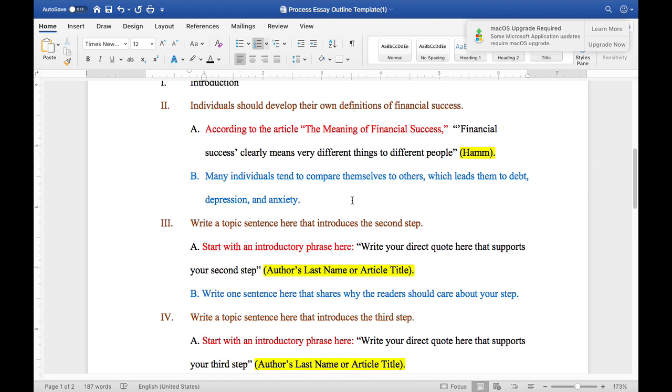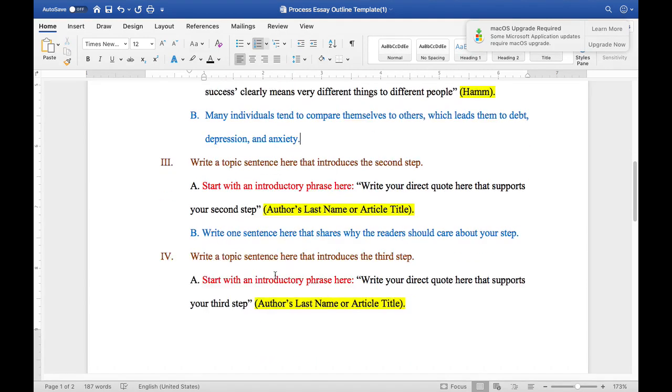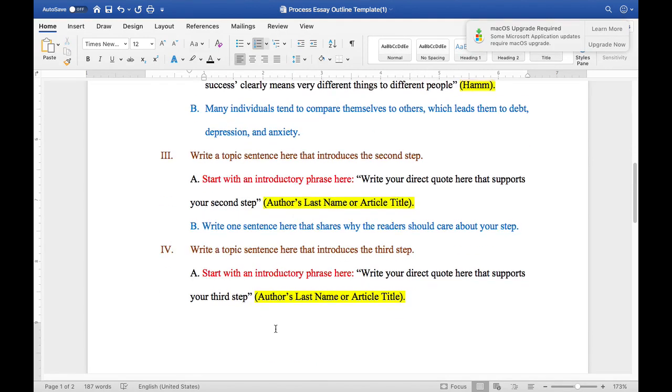Also remember that this blue here could be a specific example that illustrates your point to your readers, okay? And so you're going to go through and do the same thing for 3, the same thing for A, B here for your next step, and then the same thing for 4 and for A and B here as well, okay?